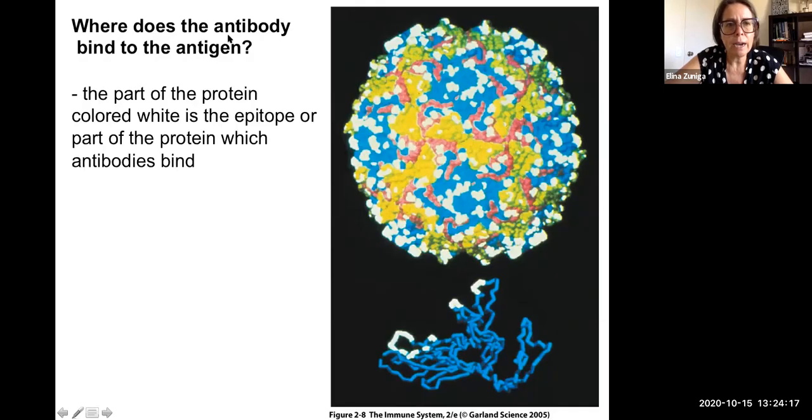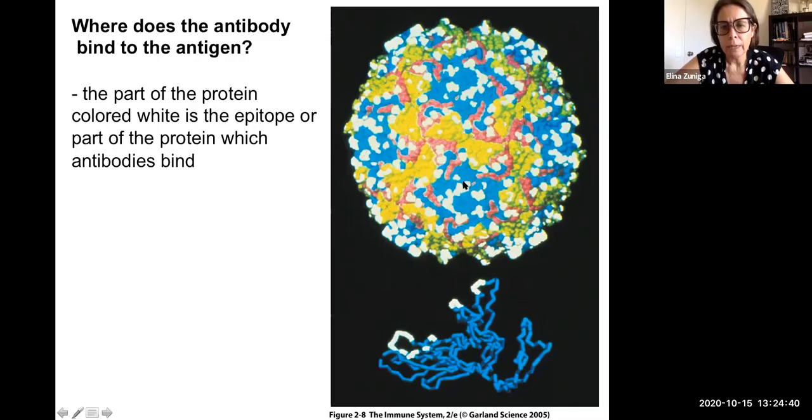Okay, here is depicted the part of the proteins that are colored white, and this is a virion here, I think it's a poxvirus. The parts of the proteins that are white are the epitopes, the part of the protein which the antibody, depicted here, will bind.